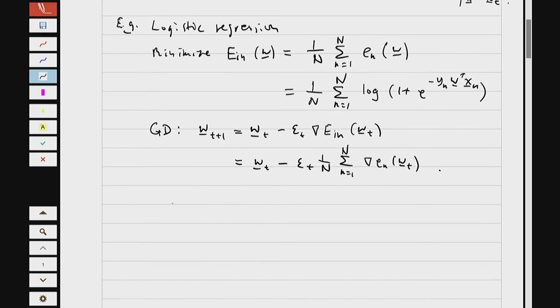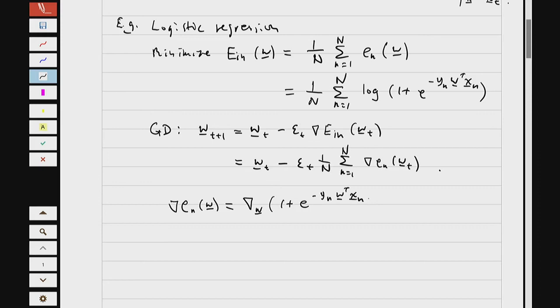So let's take the gradient of E_n with respect to W. Of course, we can read off the E_n. It's a log of that 1 plus term there. Since inside that log we have multiple variables, we use a subscript just to indicate that W is the one that we want to use as the variable for differentiation.